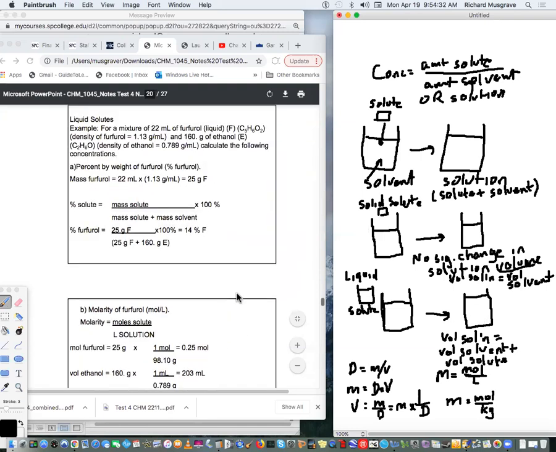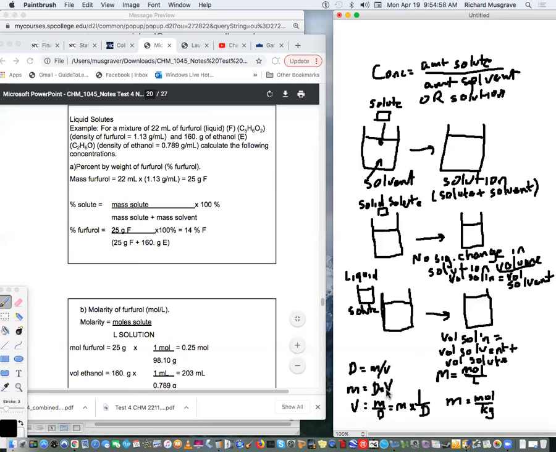But going back to the mass percent, so we've got percent by weight of furfural, that's going to be the solute here. And I'm given here a volume of furfural, but I need a mass of that. And the way I get the mass is by using the density. As you can see from the formula down here, mass is density times volume. Remember that volume was mass divided by density.